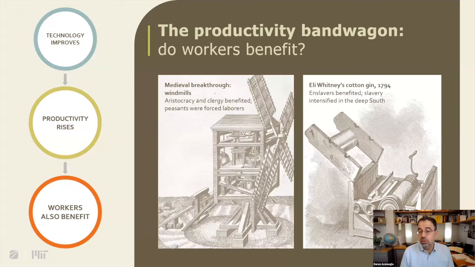But the workers who did that cotton production, the enslaved people of the United States, did not have any benefits. In fact, their conditions worsened because they moved into cotton plantations where work was much harder, and they moved to the deeper South where the general repression was more intense.